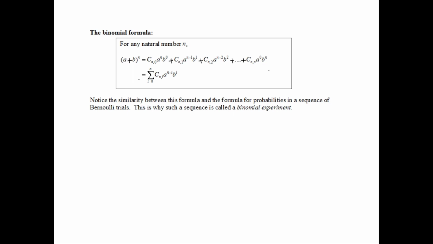You don't need to know the binomial formula for finite math, but if you've seen it before, the pattern should look familiar. In each term, the sum of the exponents should be equal to your total number of trials, or in this case, the total exponent on our binomial. And so that's the reason for the name binomial experiment.